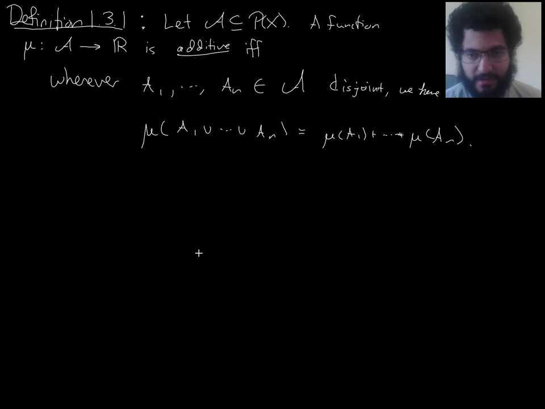Okay, so that's additive. So it's sort of like mu distributes over union, but you need these to be disjoint.